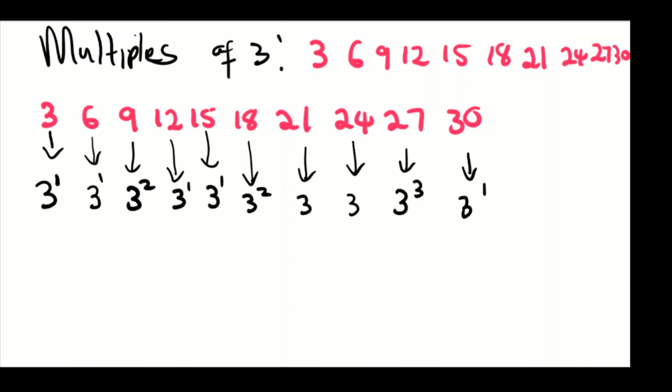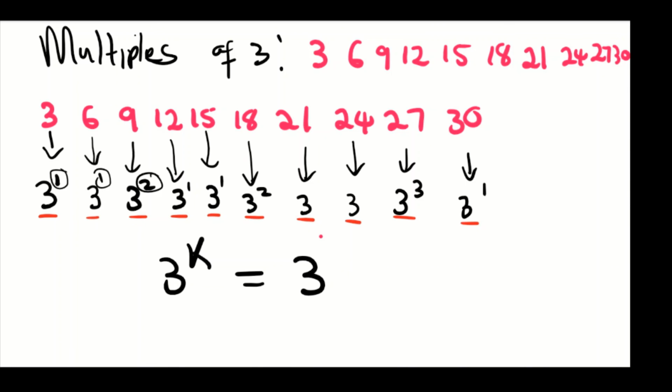So we're having all these bases here, but we need to add all the exponents of these bases because we already have the factor. Our factor is 3 to the power of k, right? And we just need to equate it to 3. We have an exponent of 1 here, exponent of 1, exponent of 2, exponent of 1, exponent of 1, exponent of 2, exponent of 1, exponent of 1, exponent of 3, and exponent of 1. So we'll simply add the exponents.